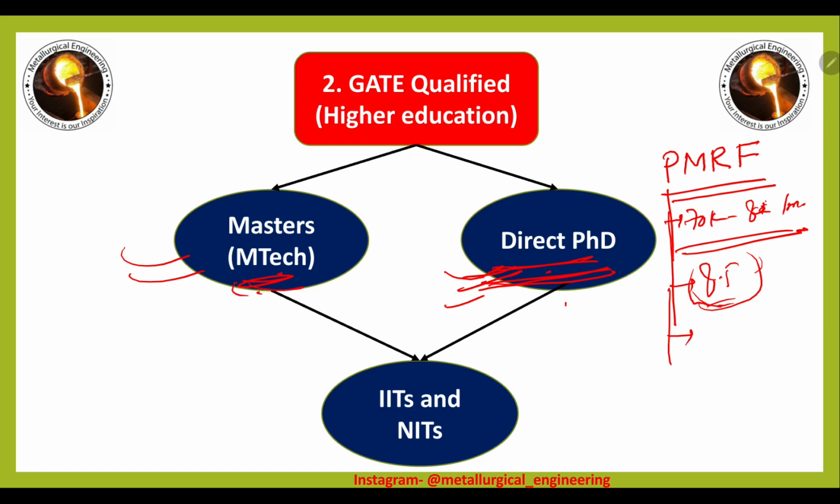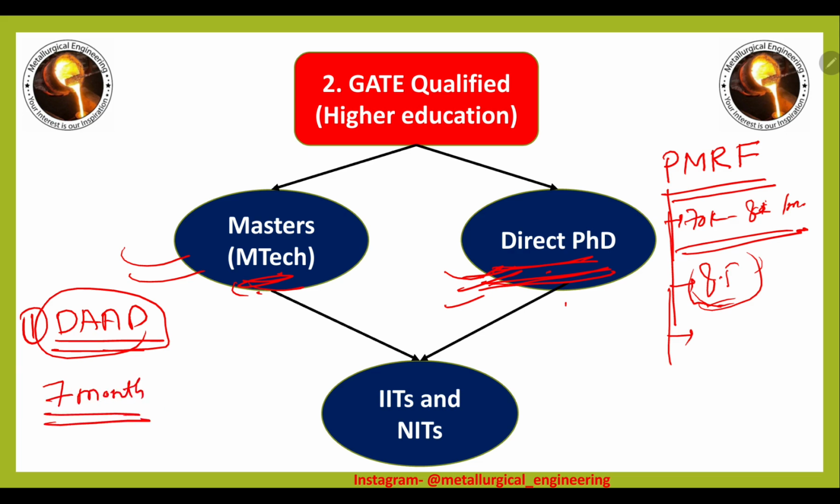There you have other options, like one famous scholarship called DAAD. In this scholarship, if you are in the second year, they will provide a 7-month scholarship to pursue your master's thesis in top 9 German universities. You can choose this during your MTech degree.